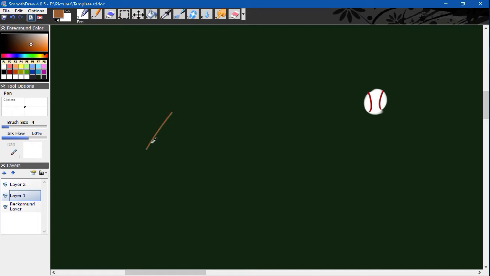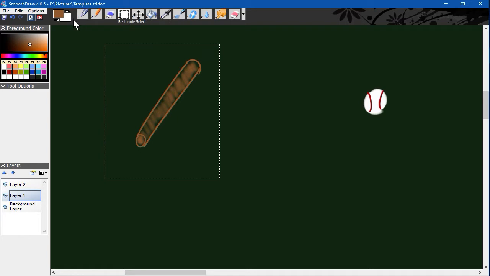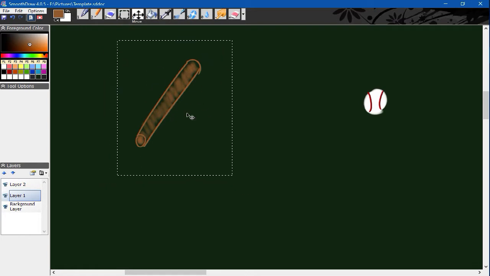And then you have a bat, or just a long stick right there. Oh gosh, I messed up the colors. Wow, a stick. Amazing.